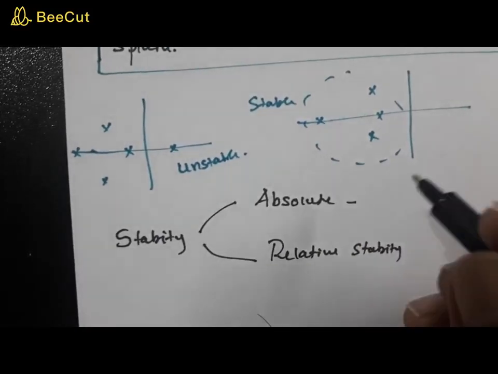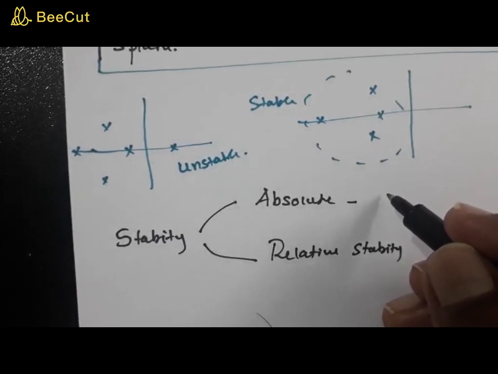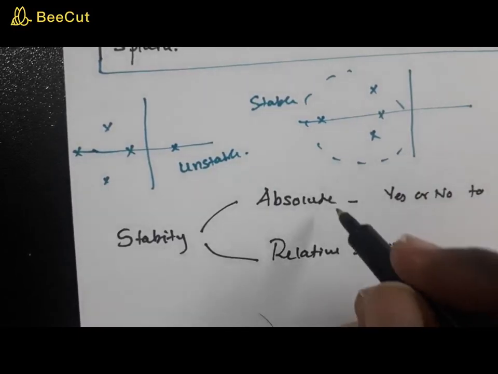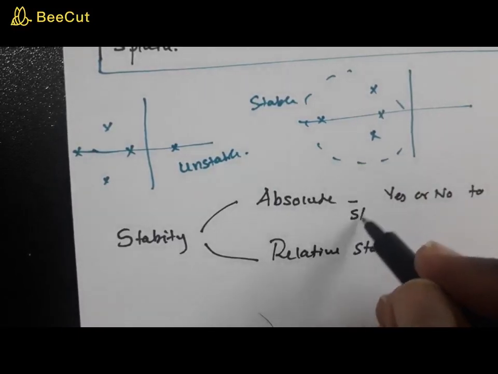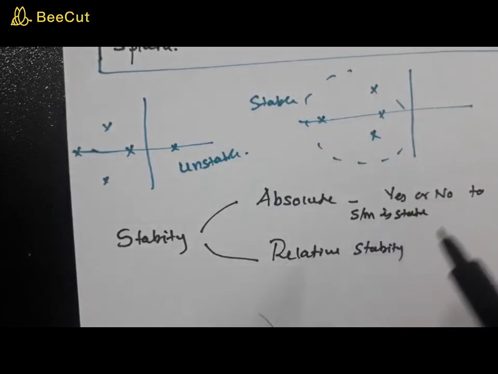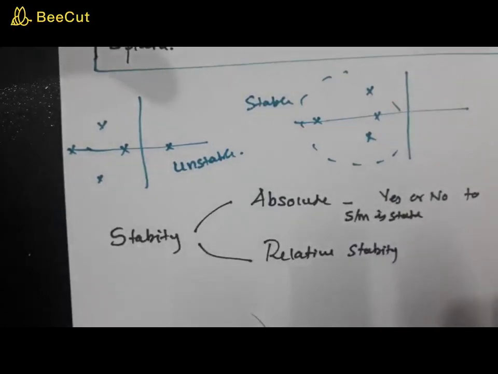Absolute stability gives you just a yes or no answer to the question whether the system is stable or not. That means you can just know whether a system is stable or not.